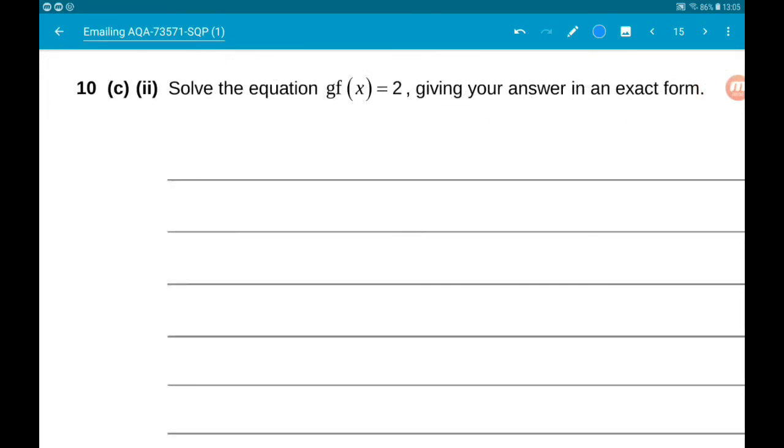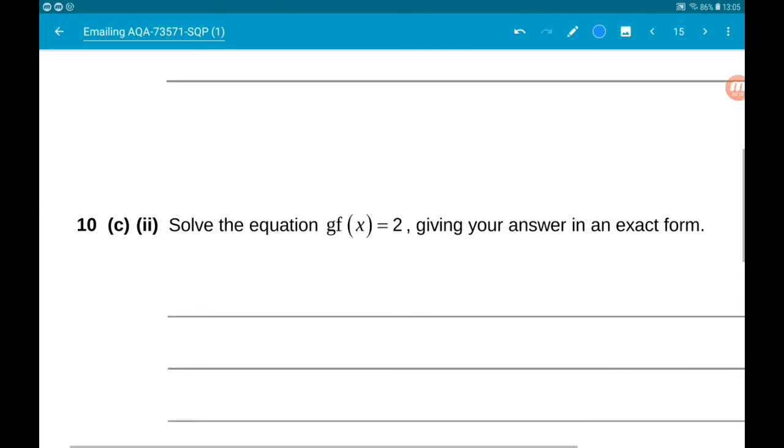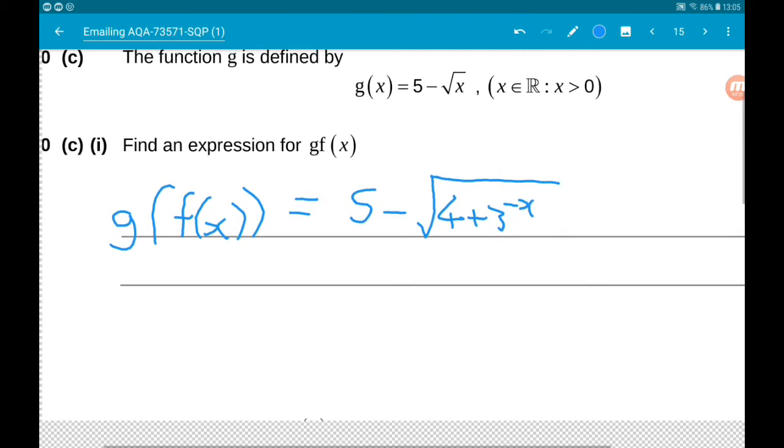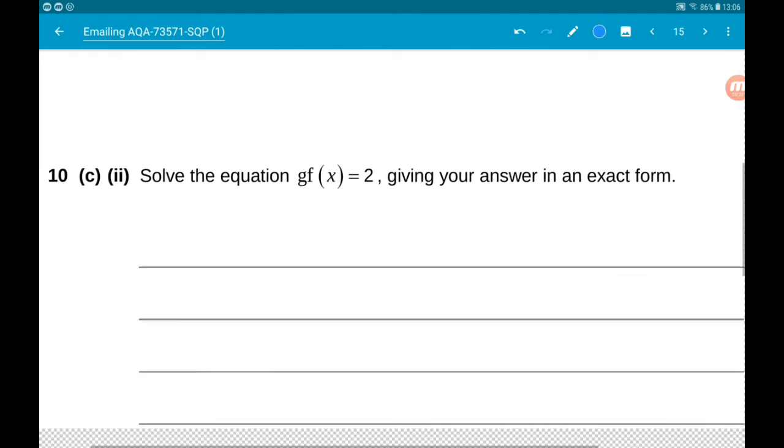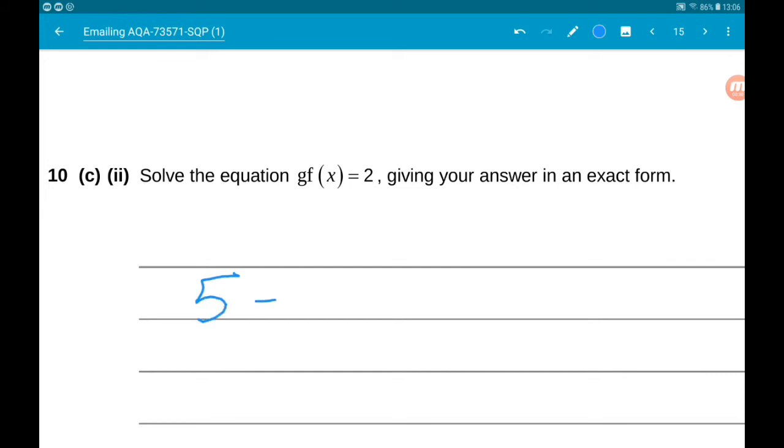Okay, and then we want to solve the equation g(f) of x is equal to 2, giving our answer in an exact form. If g(f) of x is equal to 2, that means this expression that we just found is equal to 2. So we are setting 5 minus root 4 add 3 to the minus x equal to 2.